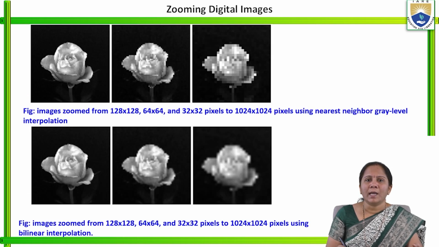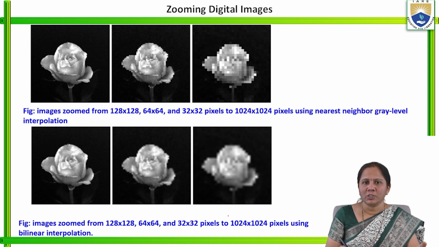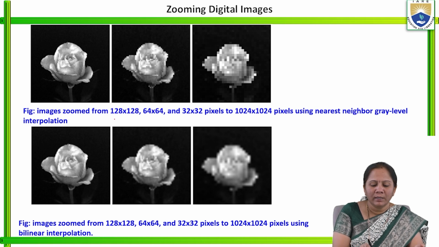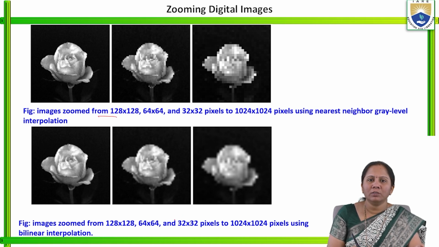Now, as I told, we can get the zoomed images by applying two techniques. One is nearest neighbor interpolation, another one is bilinear interpolation. So here are the two examples we got. See, these are the zoomed images.